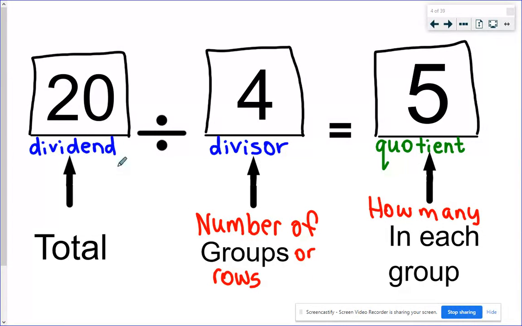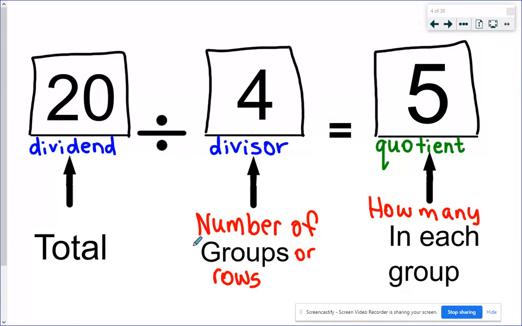And what we did is on the back, we drew a box on the left side and filled that in with 20, and then put divided by next to the box and drew another box and filled that in with 4, and then put equals and drew a third box and filled that in with 5. So we wrote the division sentence 20 divided by 4 equals 5.